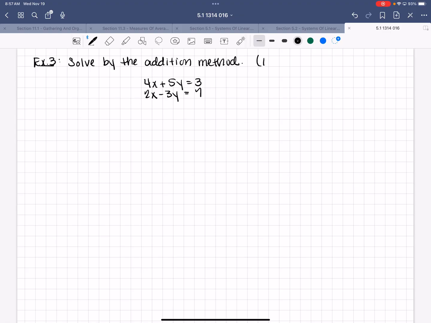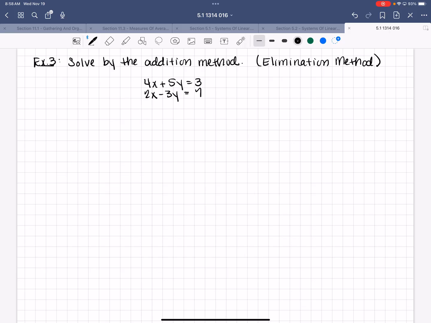Sometimes this is called elimination method. If you take any other math classes, they're probably going to call it elimination, depending on how old the authors are that wrote the book. Okay?